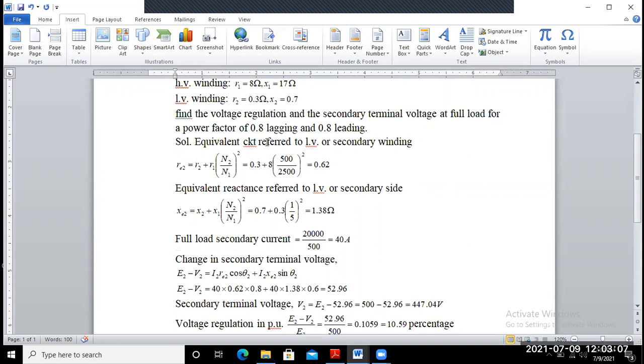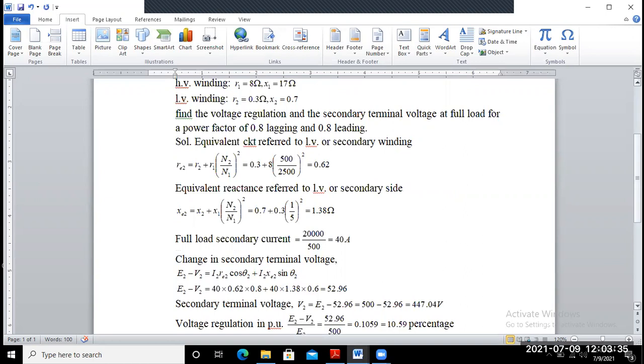For that you may use the per unit formula, epsilon r, the per unit resistance referred to the secondary side, with cos theta 2 and sin theta 2. So you just concentrate on which type of parameters are provided, either in ohm or in per unit, and based on that solve the problem.